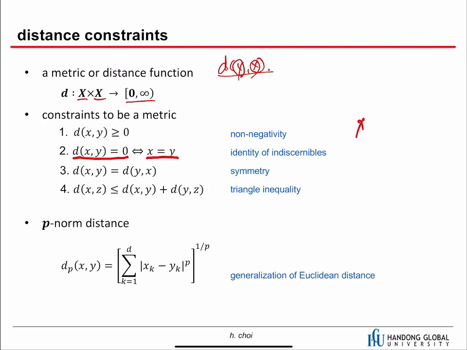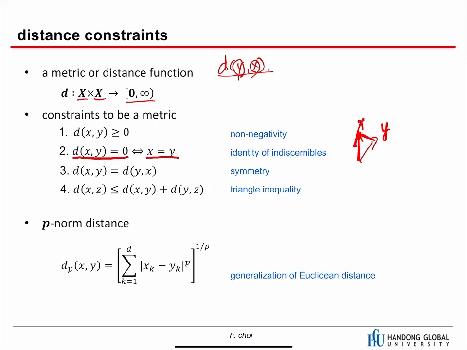If the distance between x and y is zero, then x and y are pointing to the same point in the vector space. Maybe we use different variables, but they are pointing to the same point.